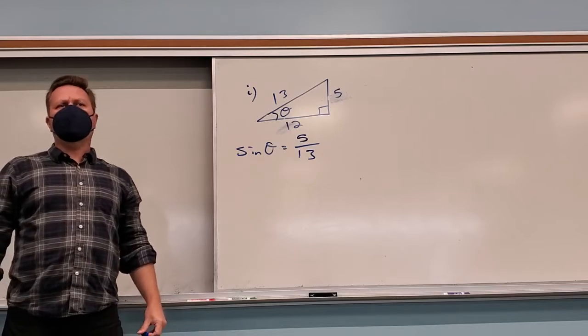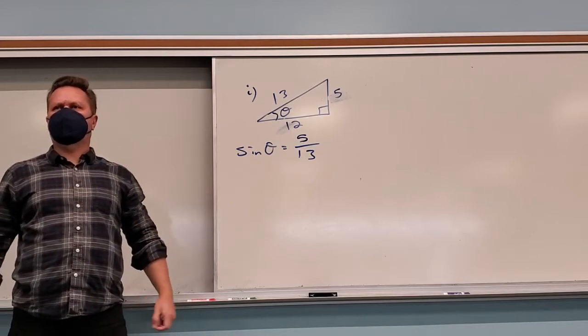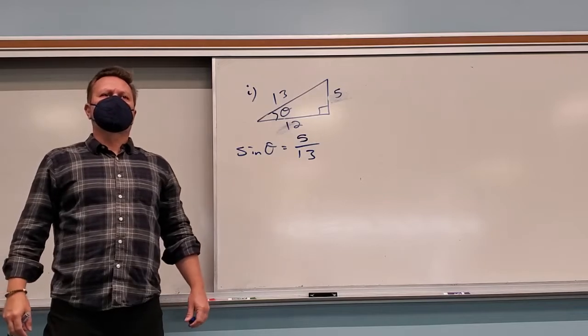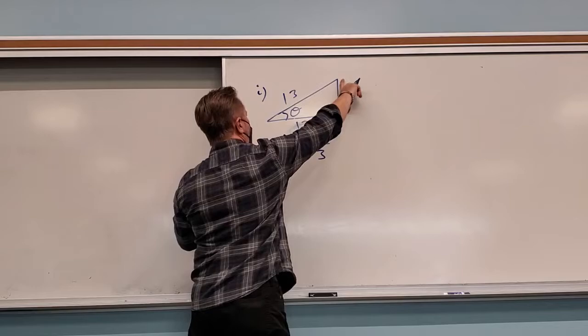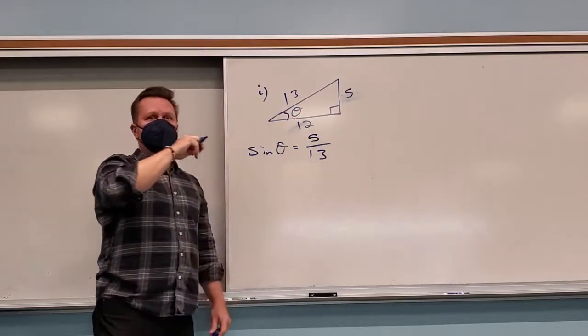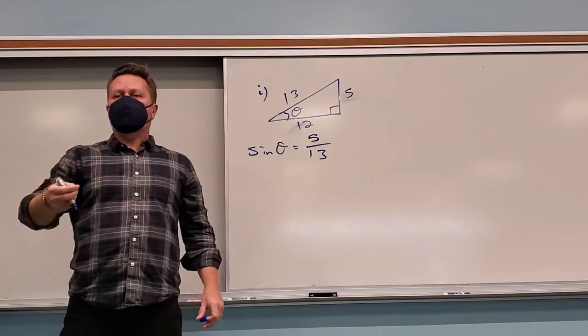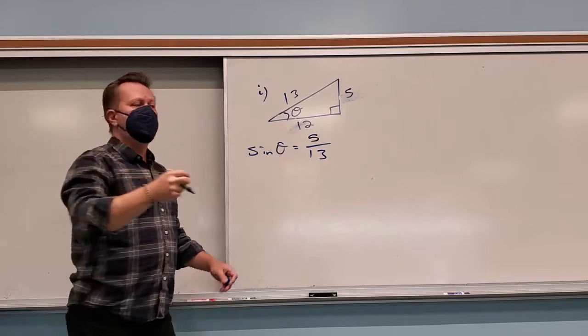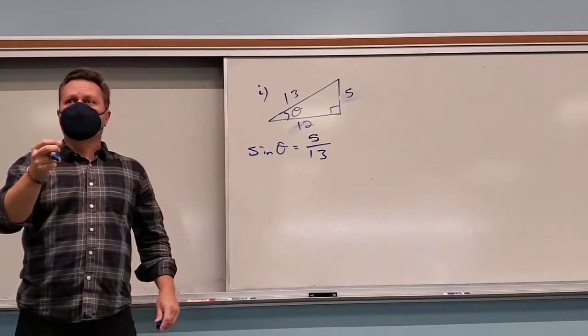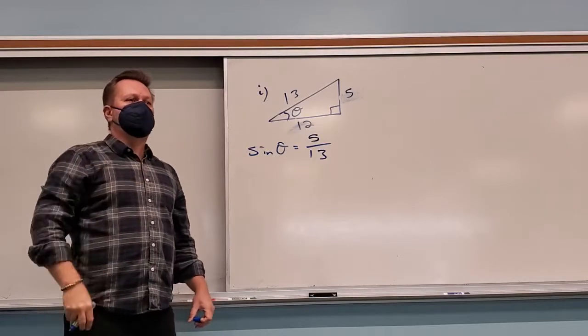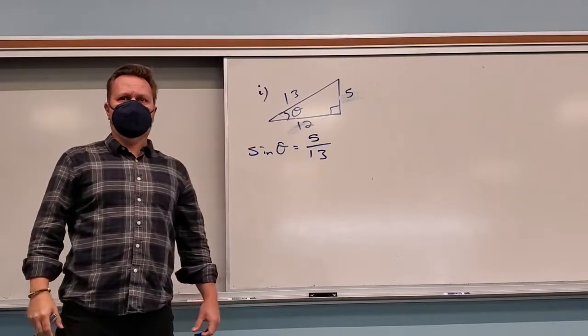No. What's always going to be the biggest side in a right triangle? The hypotenuse, right? And isn't sine taking one piece of it divided by the hypotenuse? Can it ever be bigger than 1? In order for it to be bigger than 1, this side would have to be bigger than this side. Does that make sense? So the biggest it could be is 1. Can't be bigger than 1.